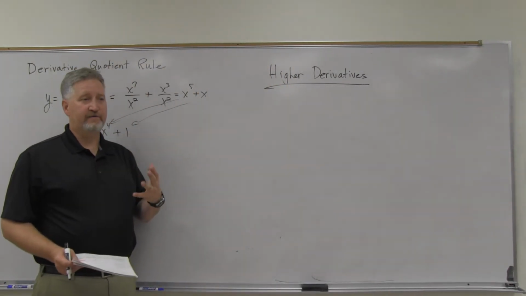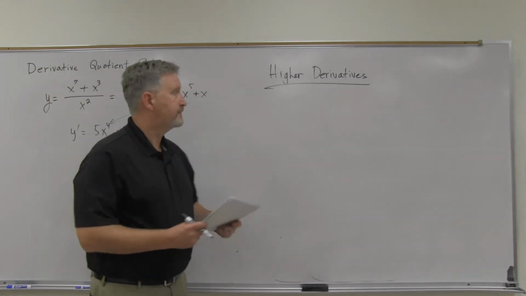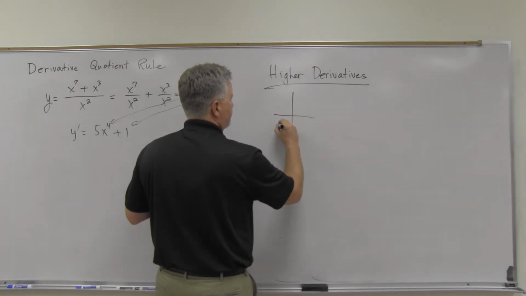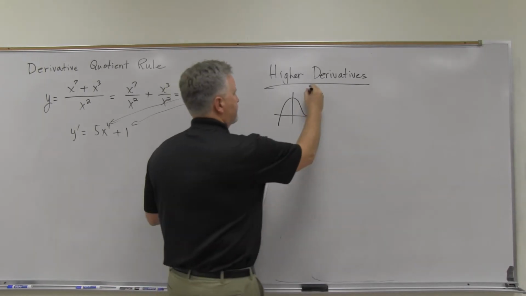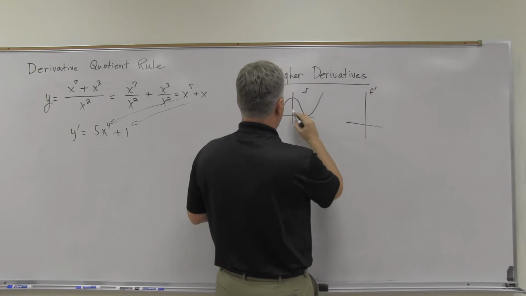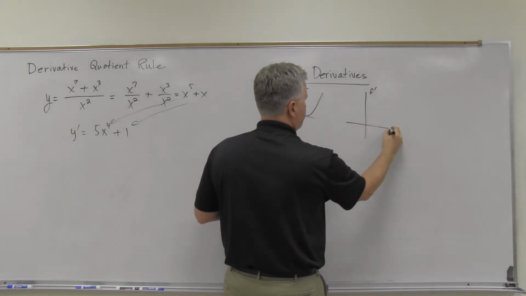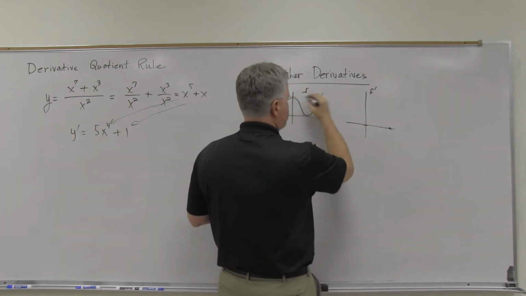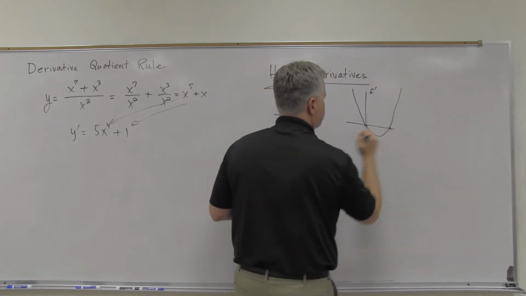You know, if you think about it, when we were graphing, we had a graph of f here. Let me just explain it this way. We've got something like that. So that's f. Well, f prime looks like this. We've got a 0 and a 0, so that's our horizontal tangents, and then positive, negative, positive.